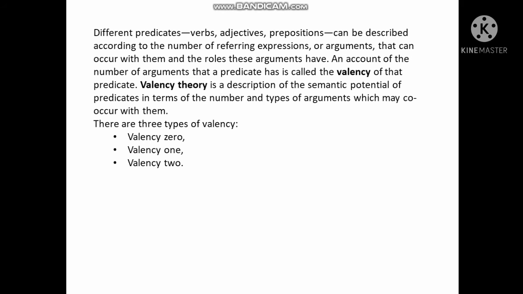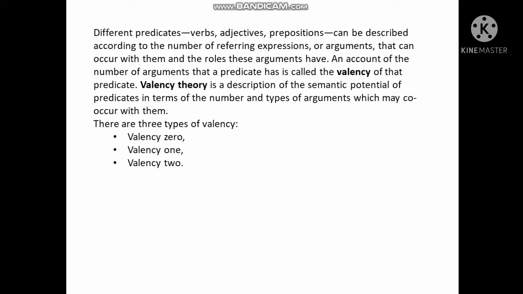Next, different predicates, verbs, adjectives, prepositions can be described according to the number of referring expressions or arguments that can occur with them and the roles these arguments have.